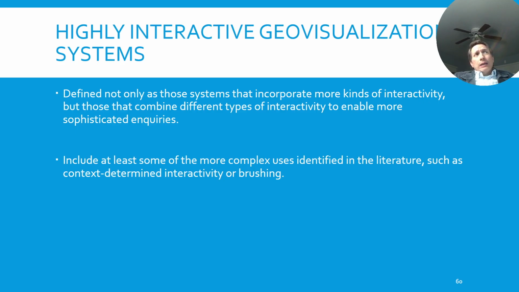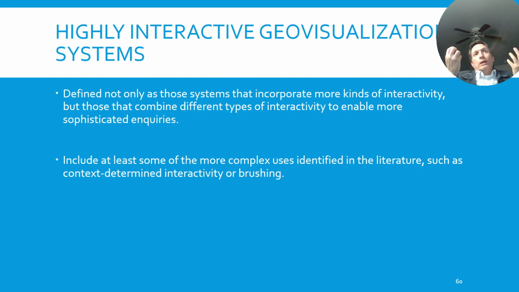When we refer to highly interactive geovisualization systems, we are talking about systems that not only incorporate more kinds of interactivity, but that combine more than one type of interactivity. And then we can have more sophisticated inquiries, interactions, or transactions.